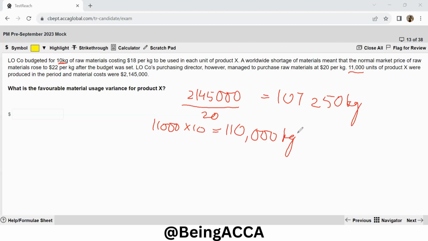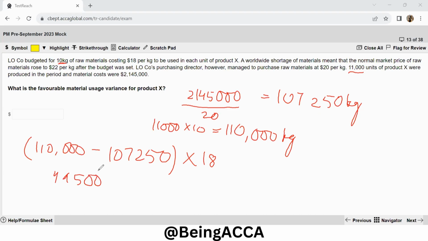Now we will take the difference in these two, and multiply this with our standard price, which was 18. So this will come out to be 49,500, and this is what I will enter in my box over here and submit as my answer.